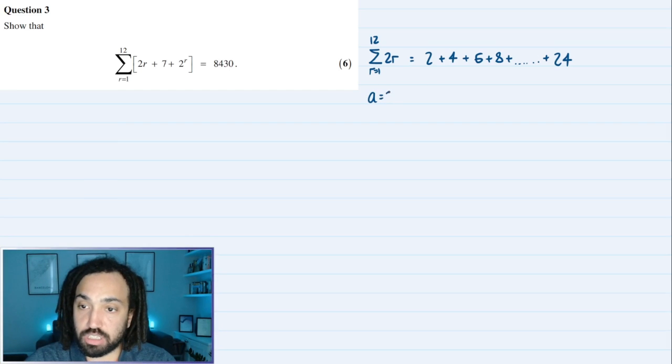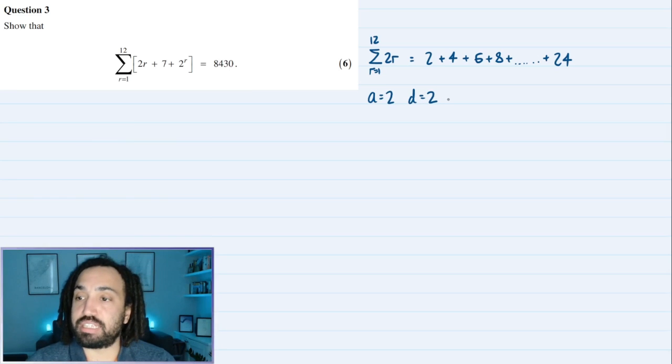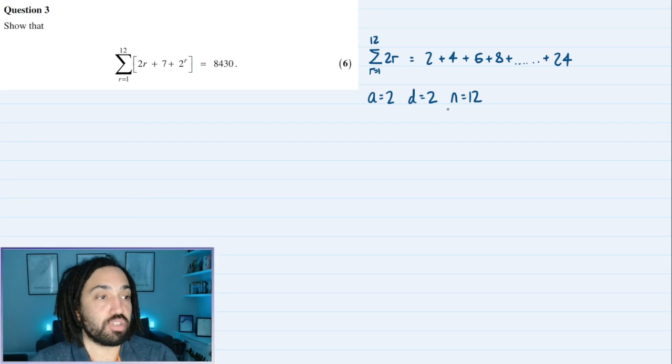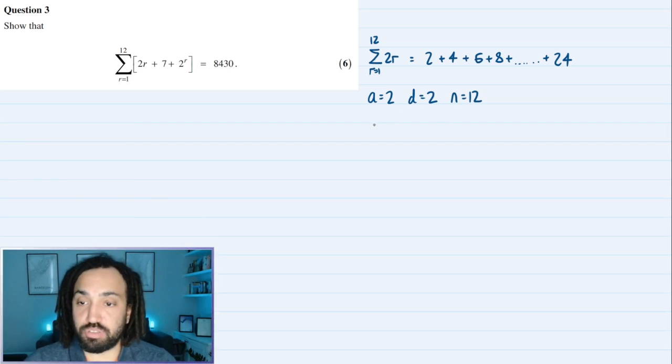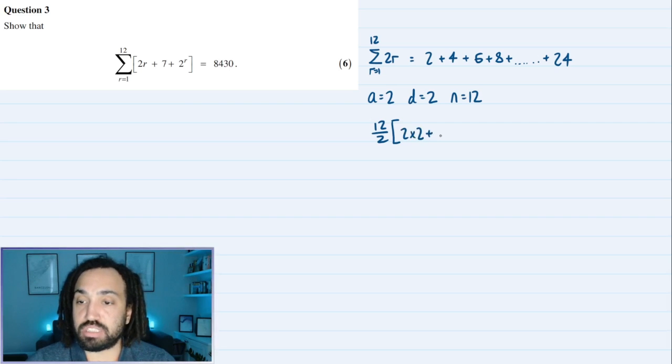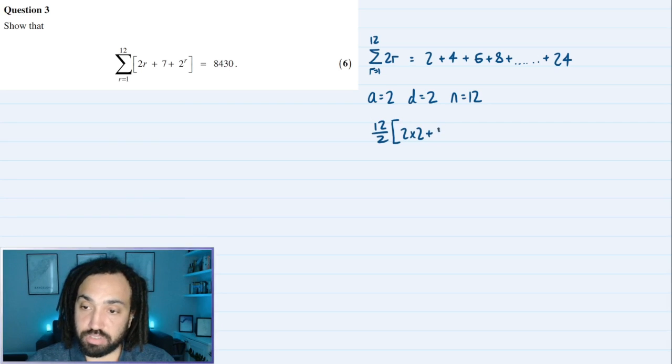Okay, now it's fairly obvious to see this is an arithmetic sequence. It has a start term of 2, a common difference of 2, and a number of terms of 12. So we can use our formula for the summation of the arithmetic series, which is n over 2, so 12 over 2, times 2a, so 2 times 2, plus n minus 1, which is 11, times d.